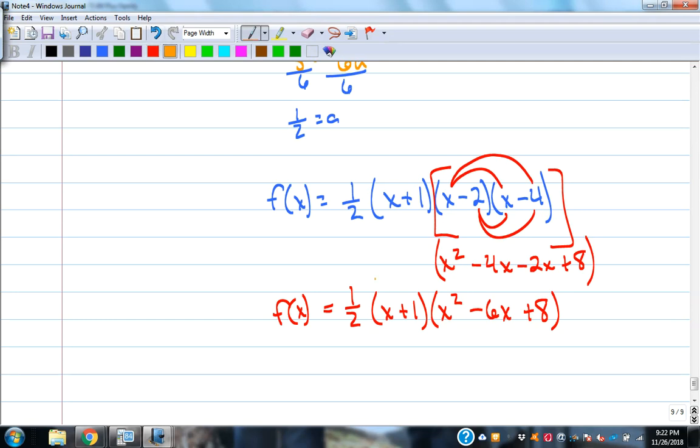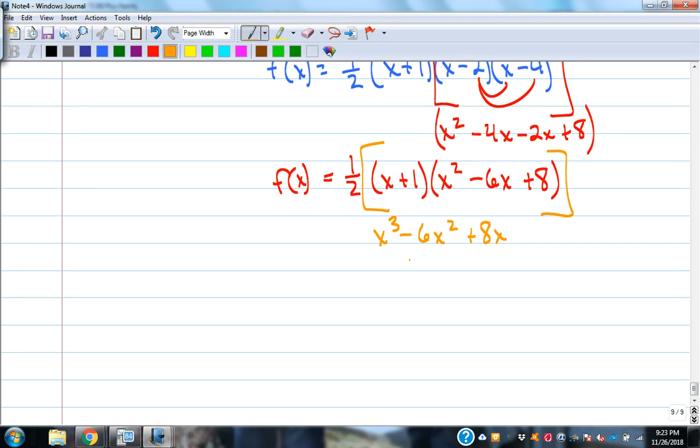Okay, now I'm going to put these two together. I'm going to multiply x times everybody that's in there. Then I'm going to multiply 1 times everybody that's in there. So that's x cubed minus 6x squared plus 8x.